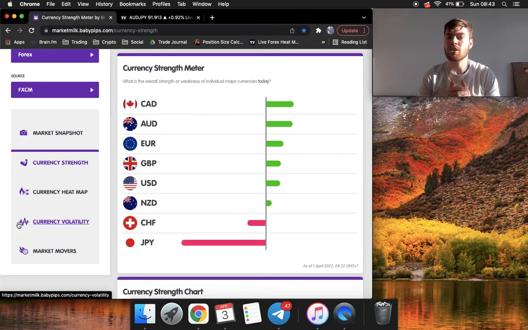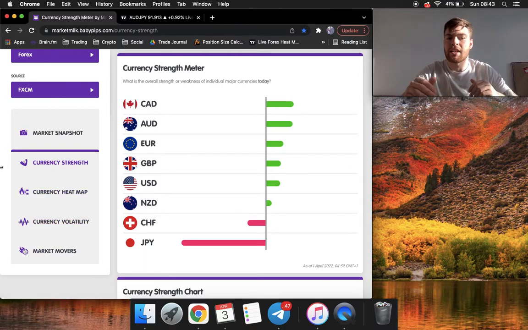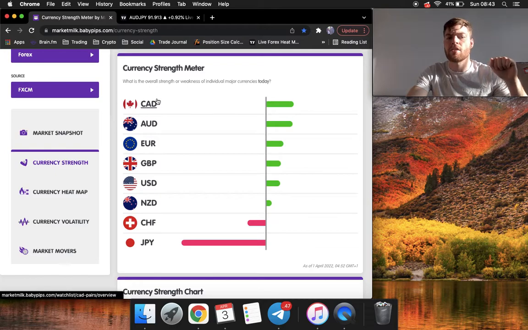But what's most important, guys, to understand is that whilst this indicator showed me which was strong and which was weak, the biggest factor for my success in this trade was waiting until the London session, because this can change. You can see that the Canadian dollar is on top and Aussie is just below it.